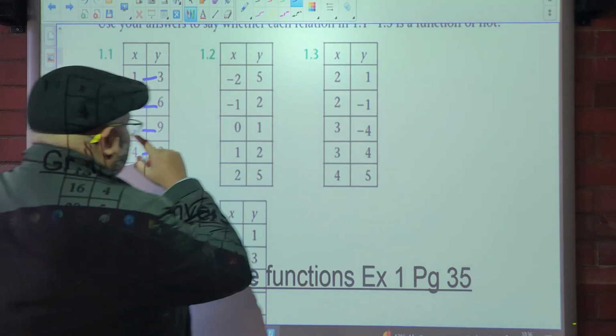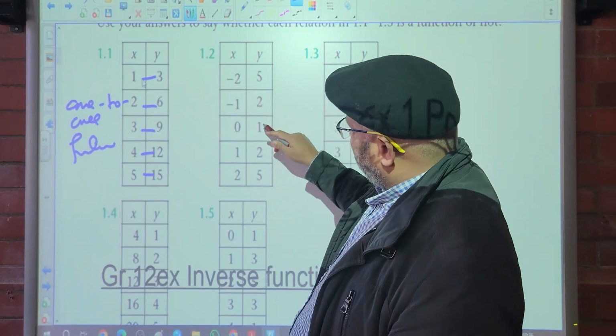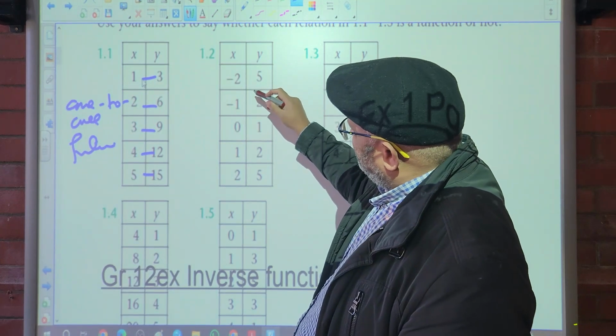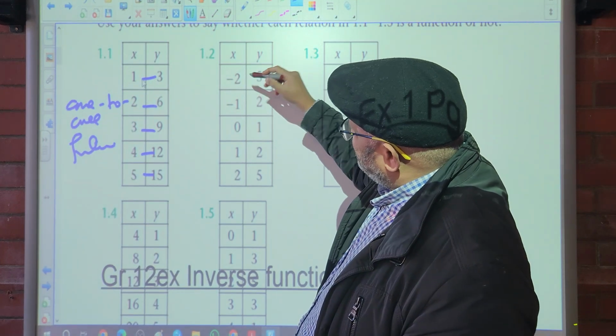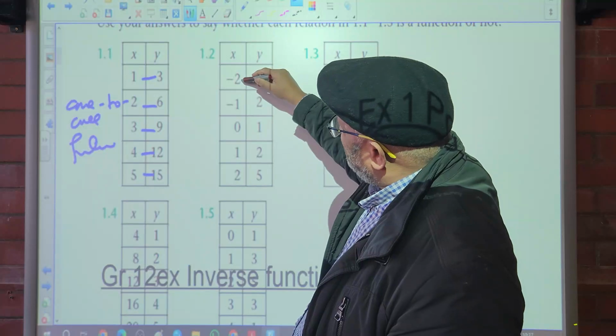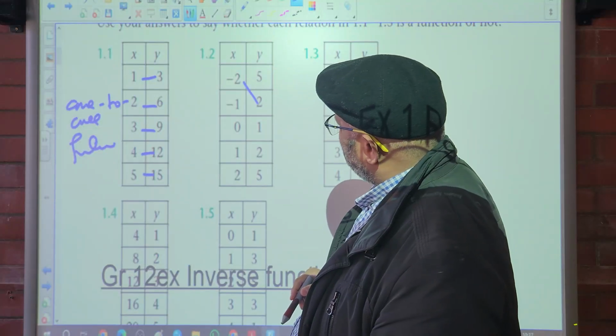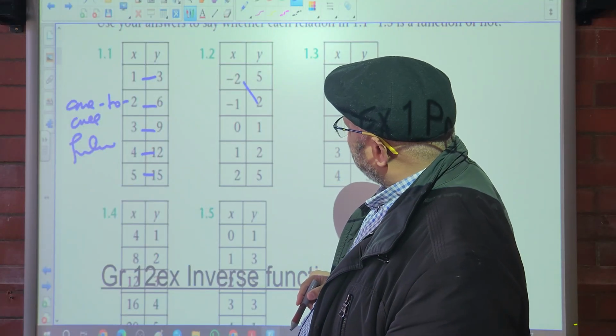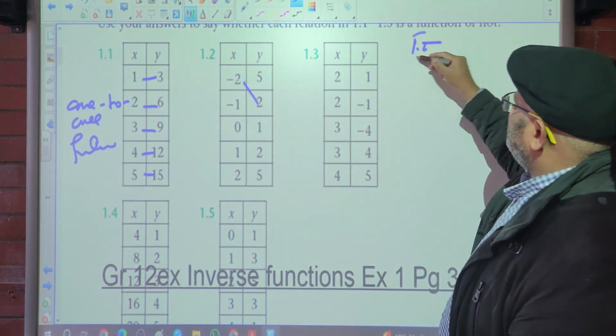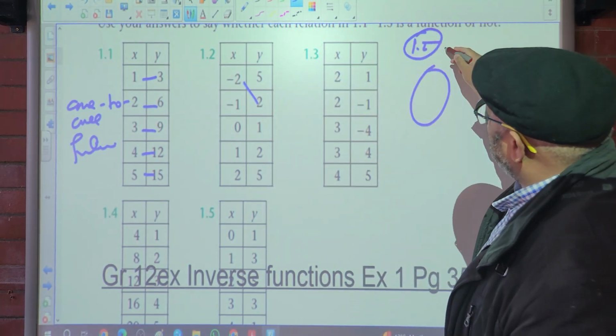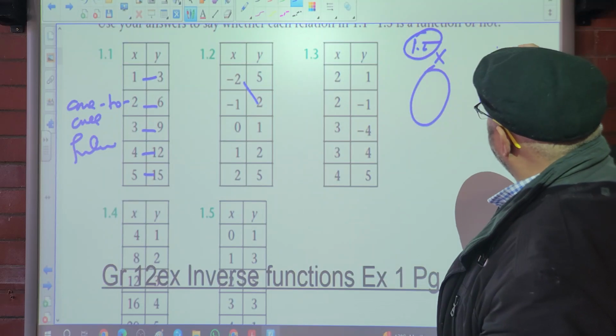Okay. Look here. There's a repeat here. Can you see it? There's a repeat on your y. I'm just going to draw that in sets. So remember that's your x and this is set y.